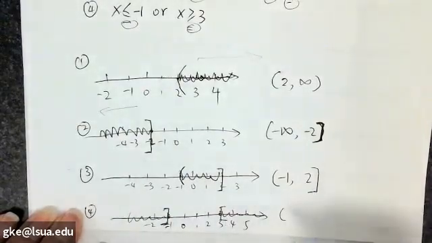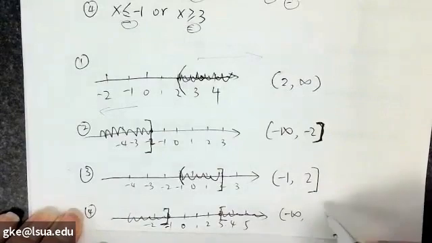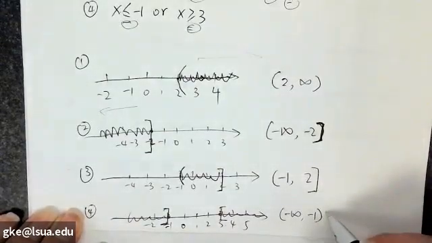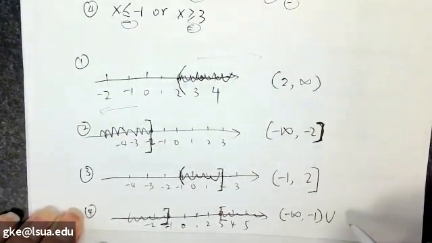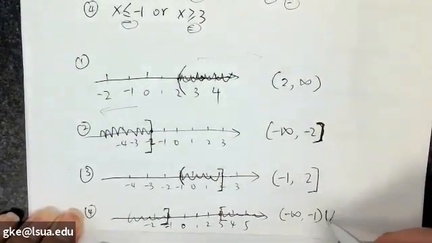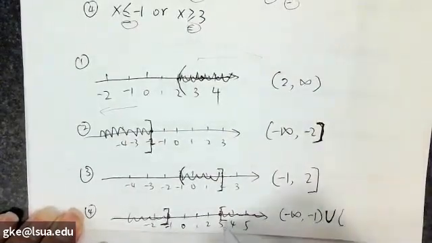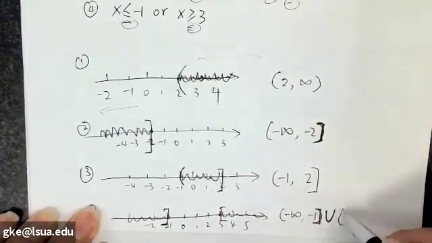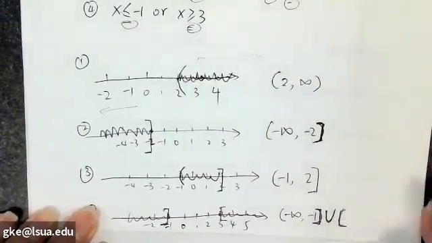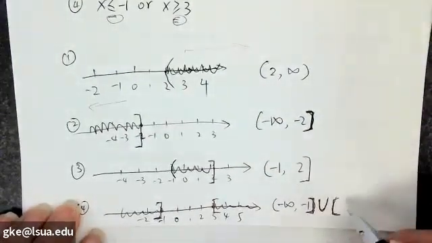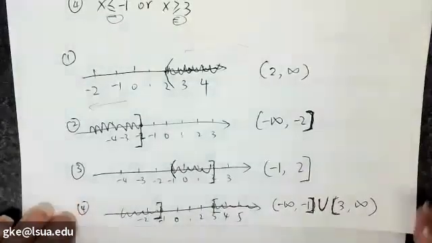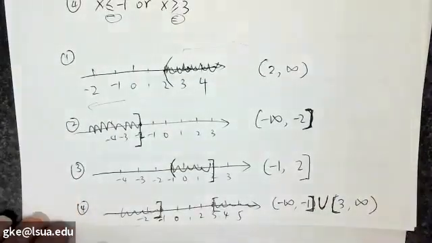We have negative infinity to -1, and we have two parts, so we use the union symbol. It should be a square bracket at -1, then union, then 3 to infinity.